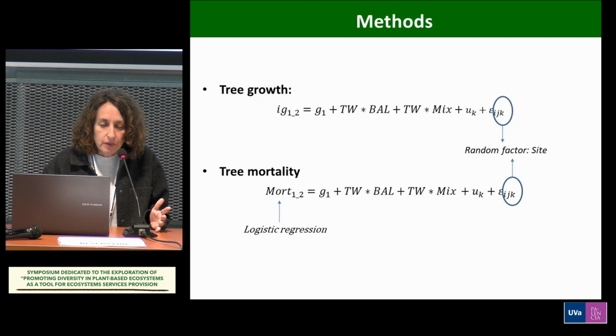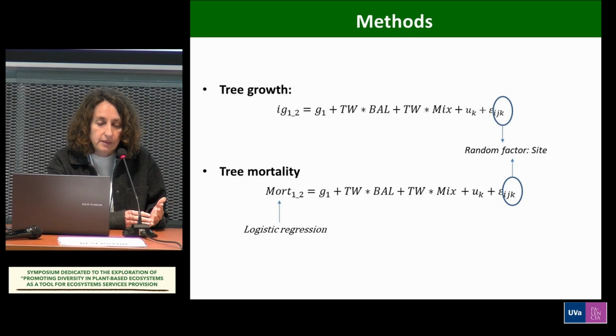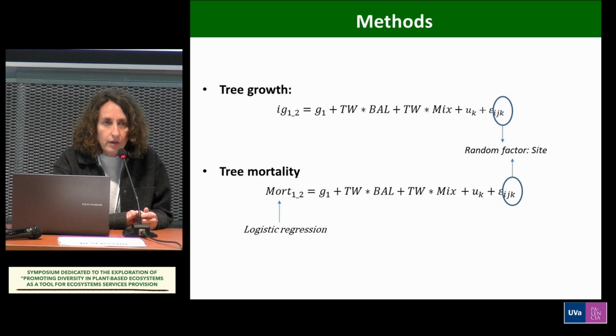For the analysis, we model the tree growth depending on the tree size, and we use the basal area of the tree and the basal area growth of the tree, and the thinning weight to express the thinning effect. And we explore if the thinning response is different for different tree social classes, as we are applying thinning from above, so we expect some differences.